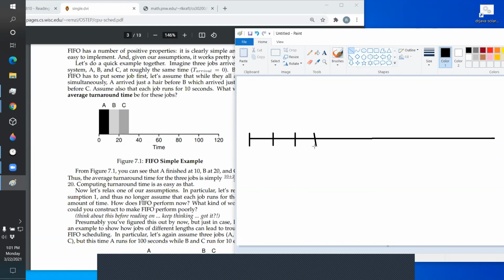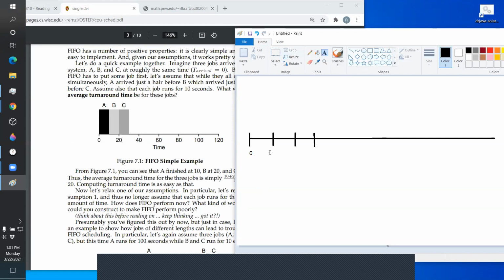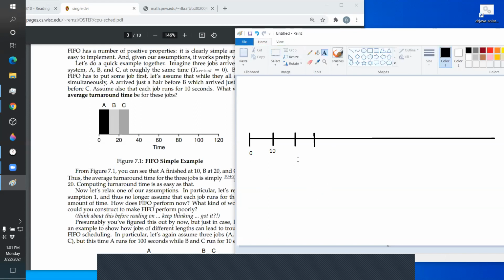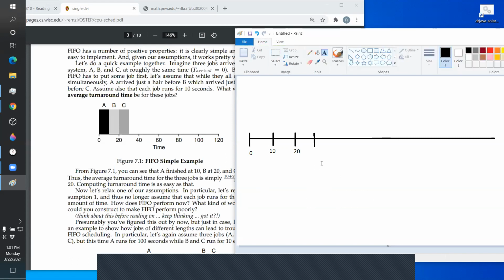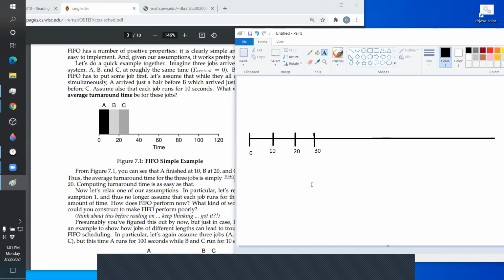So it's just a timeline marked off in, say, units. So this is 0, 10, 20, 30.